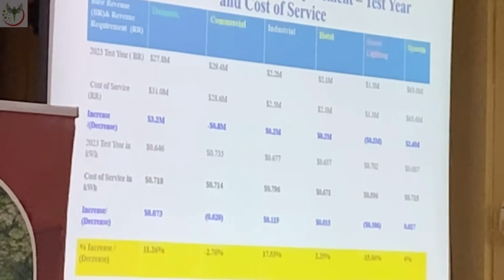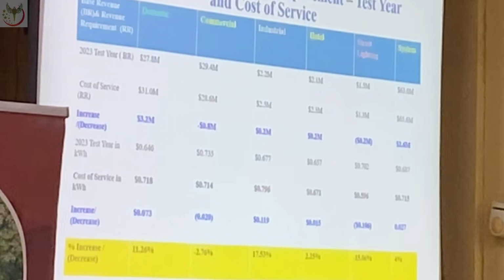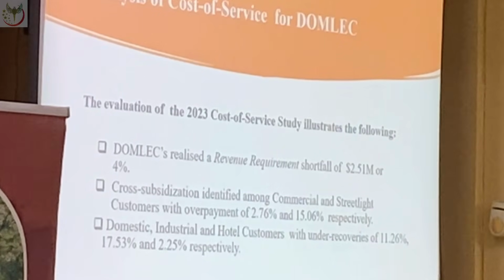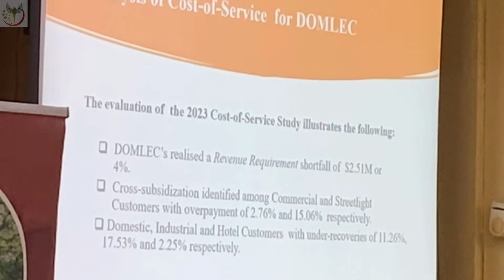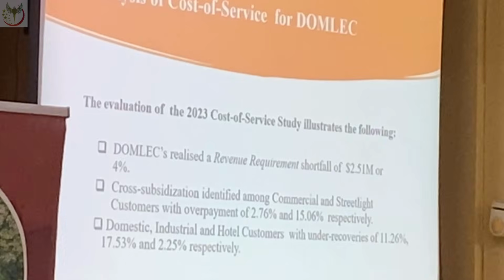On the flip side, domestic, hotel, and industrial customers are underpaying for electricity. So the cost of service study is telling us that overall it's showing us what the system needs per kilowatt, and it also shows us for each customer classes what is required.